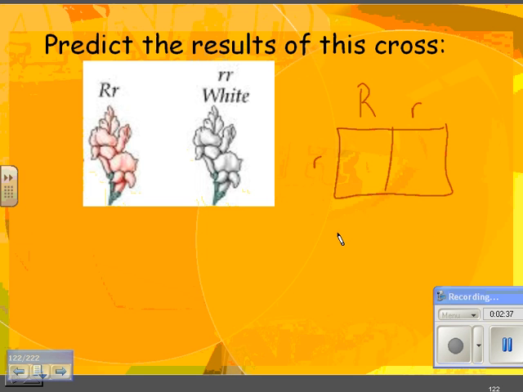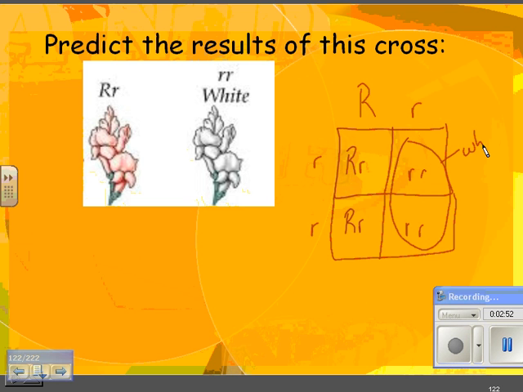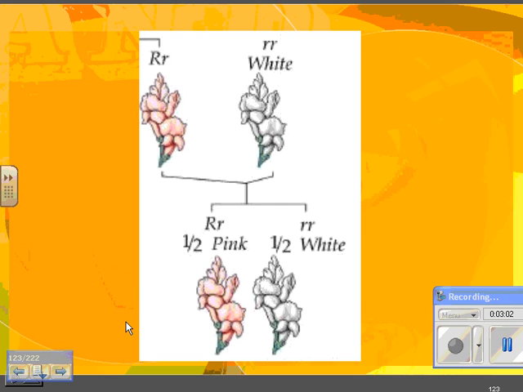You can either choose to write it twice or just do the top one, it doesn't matter. So big R, little r, and little r, little r. These end up being pink, and these end up being white. So you get half of them pink and half of them white.